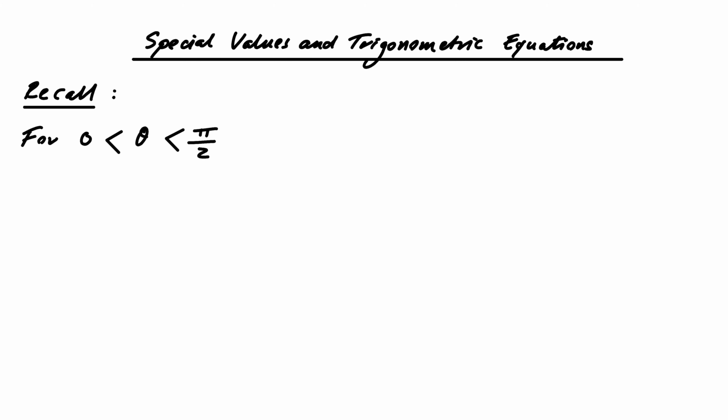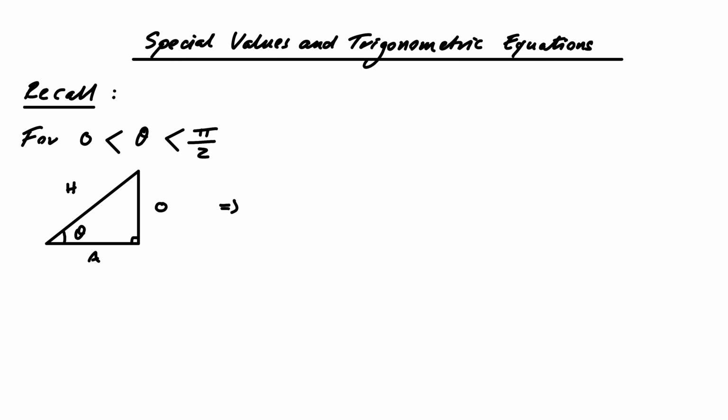Well, if you're in that range, there's a right-angled triangle which has internal angle theta. And we can label the edges as always. This is the adjacent side, this is the opposite side, and this is the hypotenuse. So we can interpret cosine, sine, and tan as ratios.